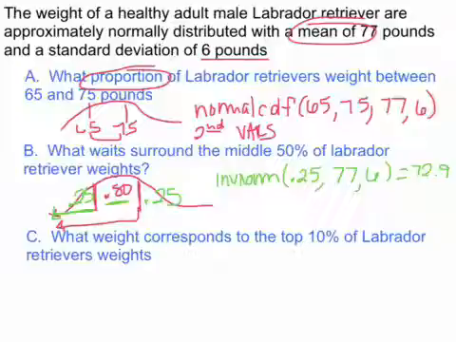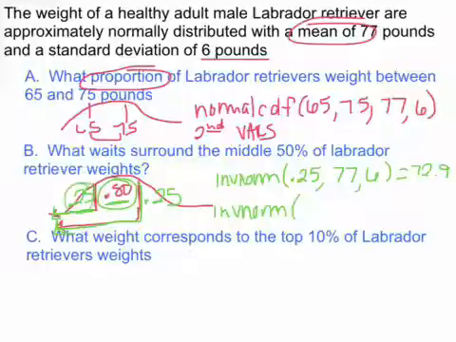The next one, inverse norm, but this time I want this piece right here. Well, that's 50% and 25% for 75%.